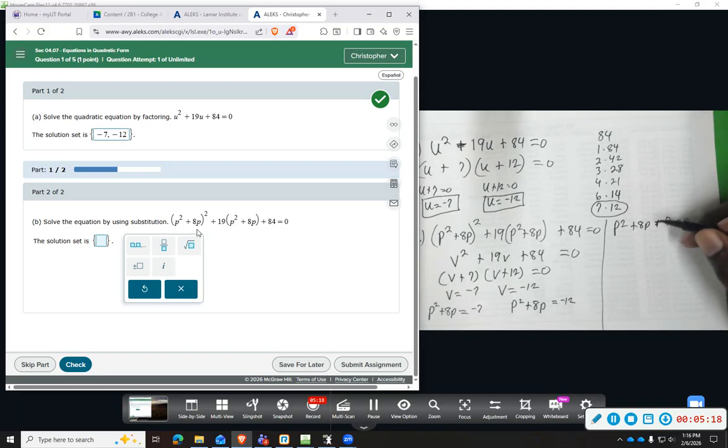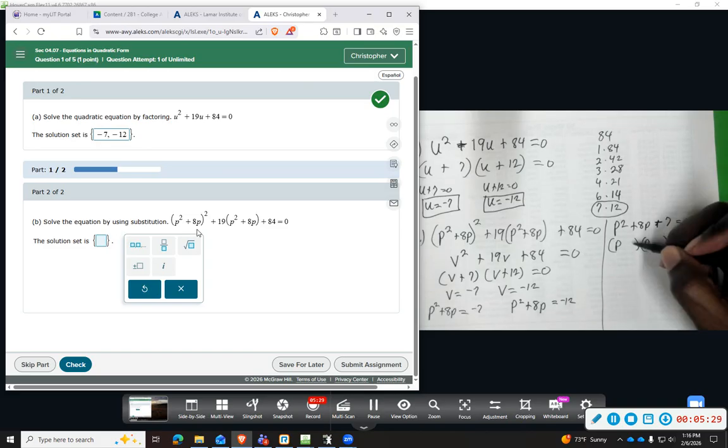We have to add to get 8, and that does work. So we get a p plus 1 and p plus 7. Bigger number positive, both the same. And when you set these equal to 0, you get two answers, p equals -1 and -7.